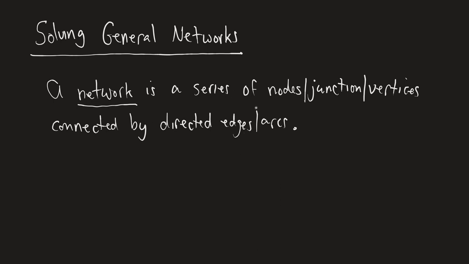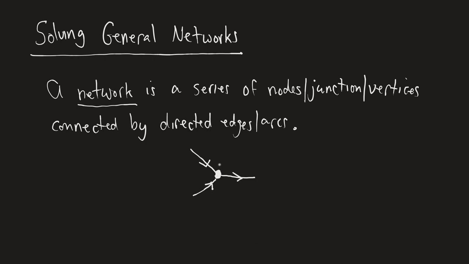So what do they look like, and what do you use them for? Well, for instance, here's a very simple network. I'll have one node, and let's say I have a couple arcs there and one arc there, and they're directed in this way.